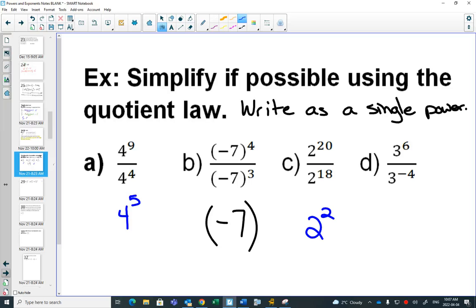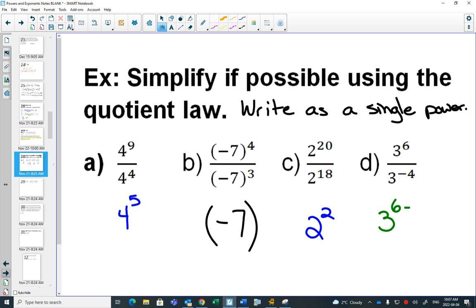In D, I can visualize 3 multiplied by itself 3 times, but that negative is a problem because I can't visualize that the same way. But since the bases are the same, I can use the rule. The rule says if your bases are the same, which they are, and you're dividing, which we are, then you can subtract the exponents.